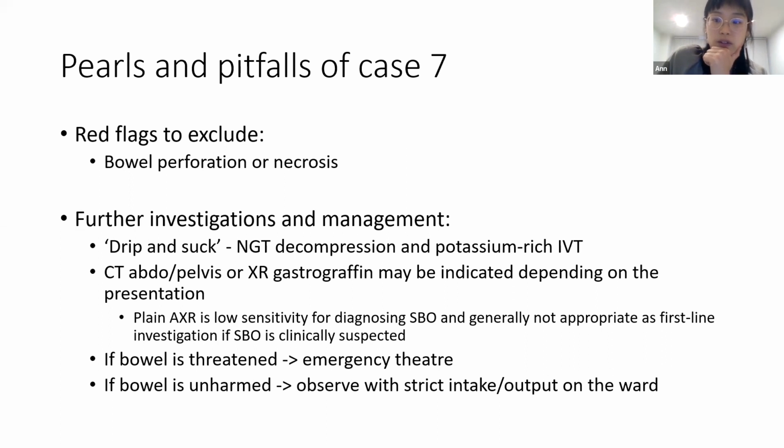So the idea of this is that it's both diagnostic and therapeutic, because you get to see whether there's a transition point in these small intestines. And you also have a therapeutic effect with the gastrographin. I can't remember the exact mechanism, but I think it's to do with the electrolyte composition that the gastrographin sits in. You can also quite commonly do a CT abdo-pelvis.